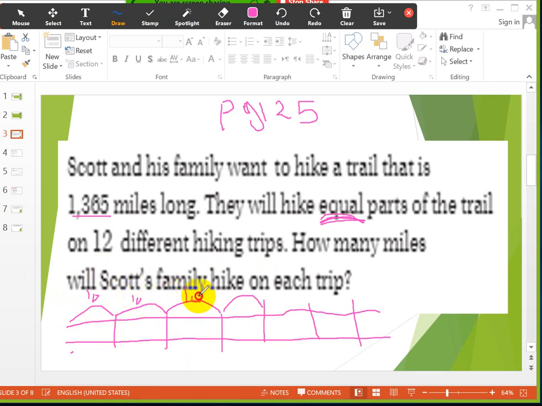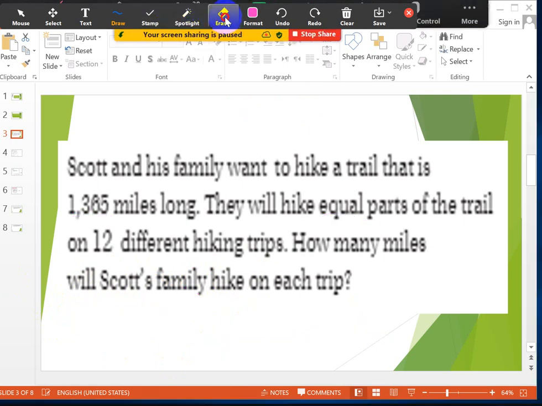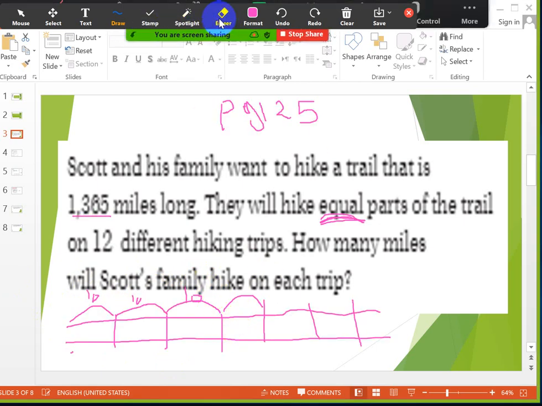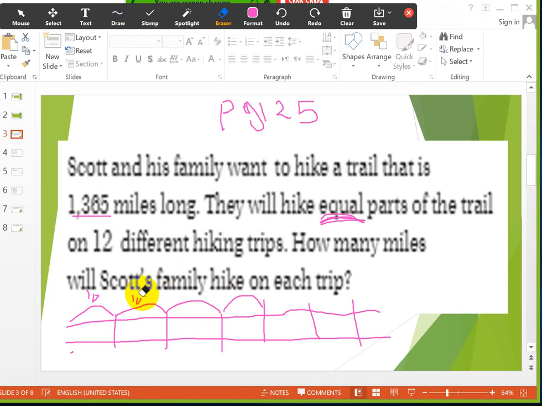But I don't know right here how many miles in each walk. But I know that all those parts are equal. So I want to walk this whole long way and I want to divide this walk into 12 equal parts. How many miles will Scott's family hike on each trip?